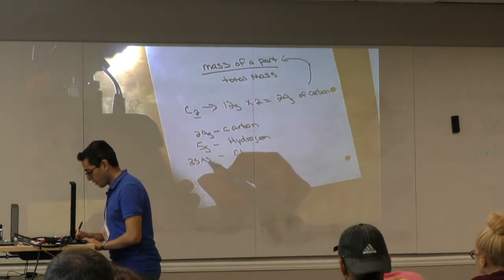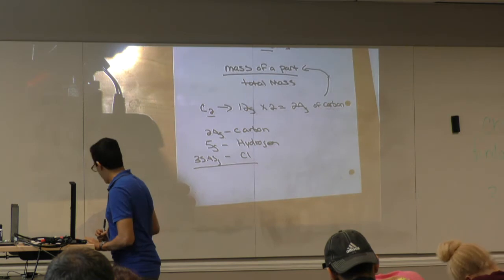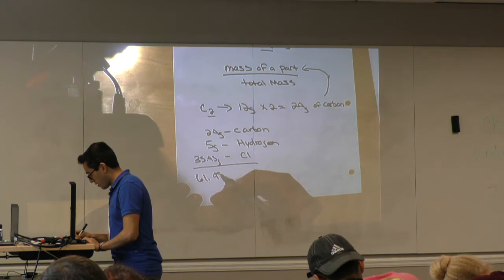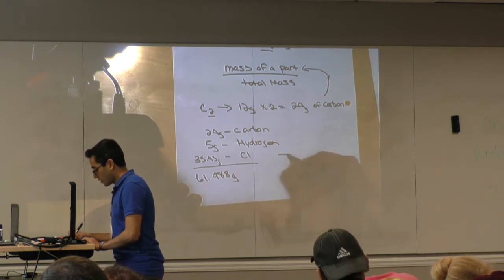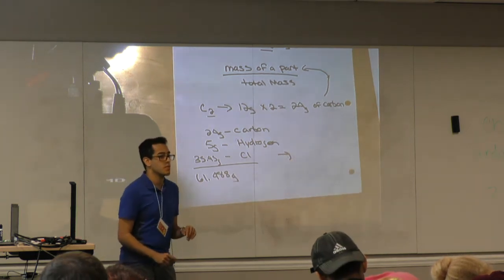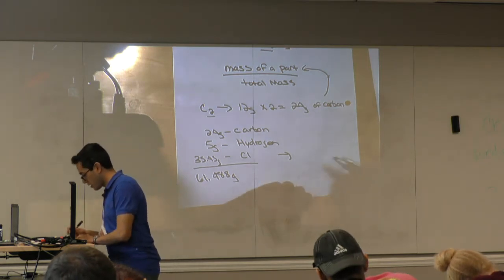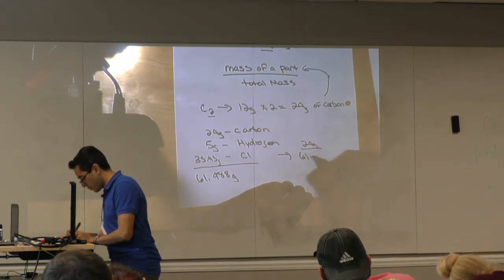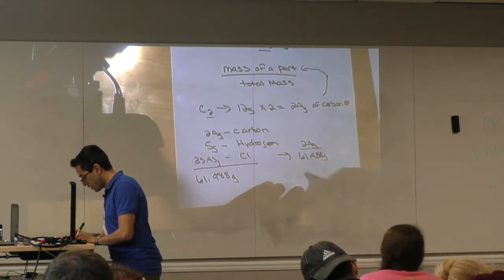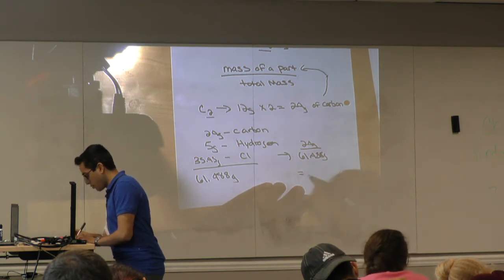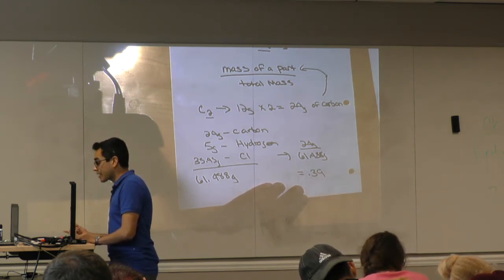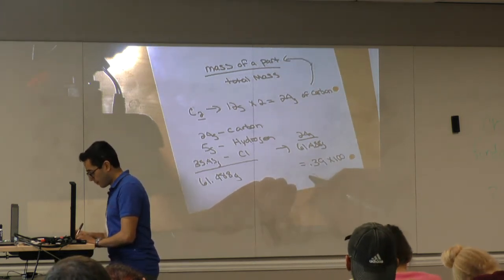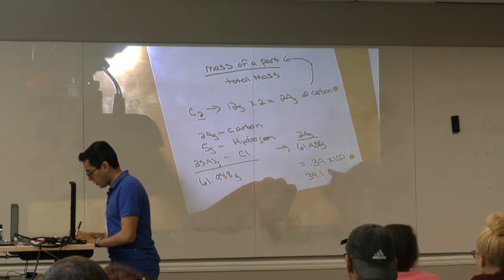You add that all together, and you get 61.488 grams. And so now that we have the mass of the part, we have the mass of the whole, we just divide them. Right? 24 grams divided by 61.488 grams. That should just give you 0.39. Don't forget, it's asking for a percentage, so you have to make that a percent. Just simply multiply by 100. You get 39.1%.